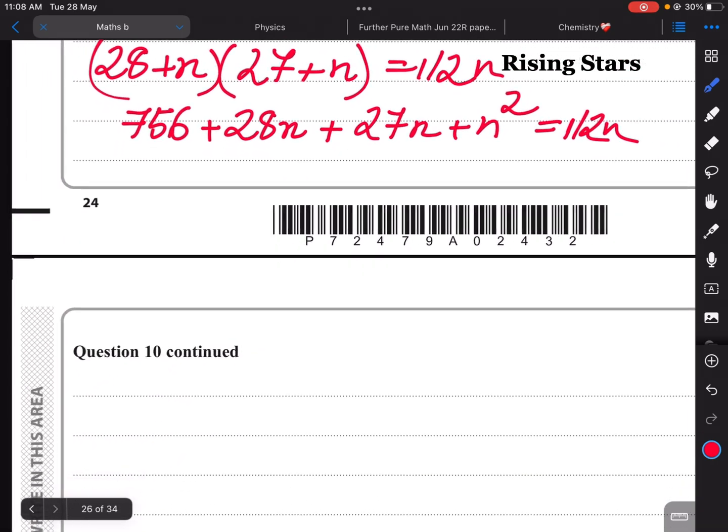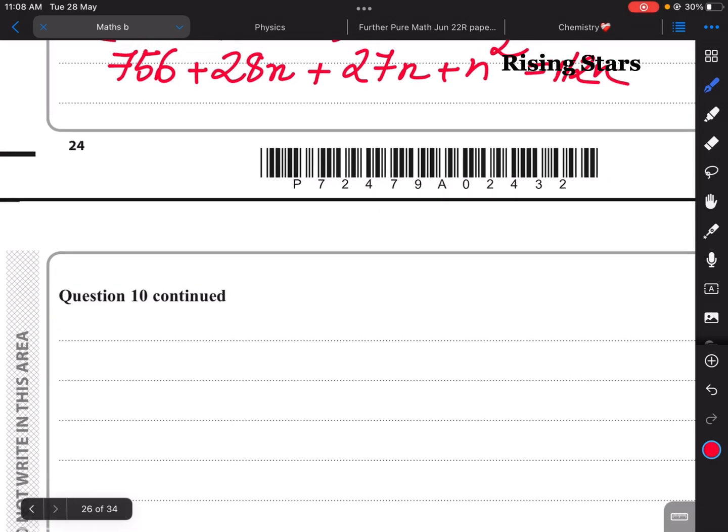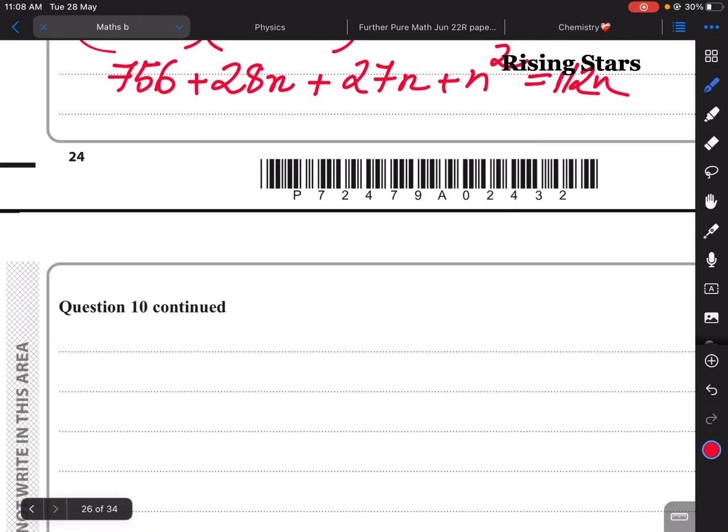Okay, so now let's go to the next page. We can bring the 112n to the left hand side, subtracting it on both sides.